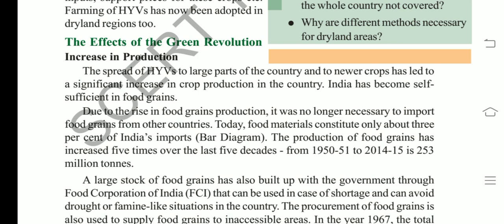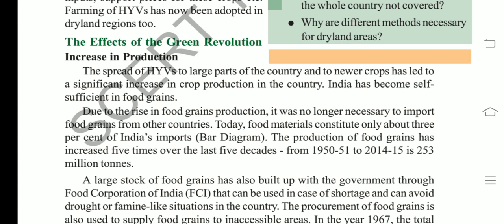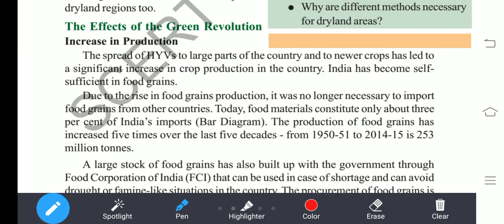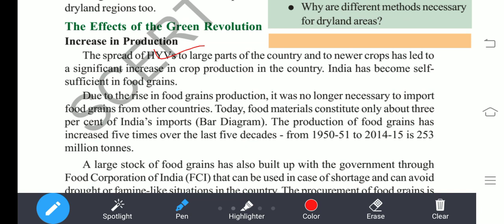Understand? The green revolution is associated with the spread of HYV seeds. HYV seeds are used in large parts of the country, and newer crops have led to increasing crop production.